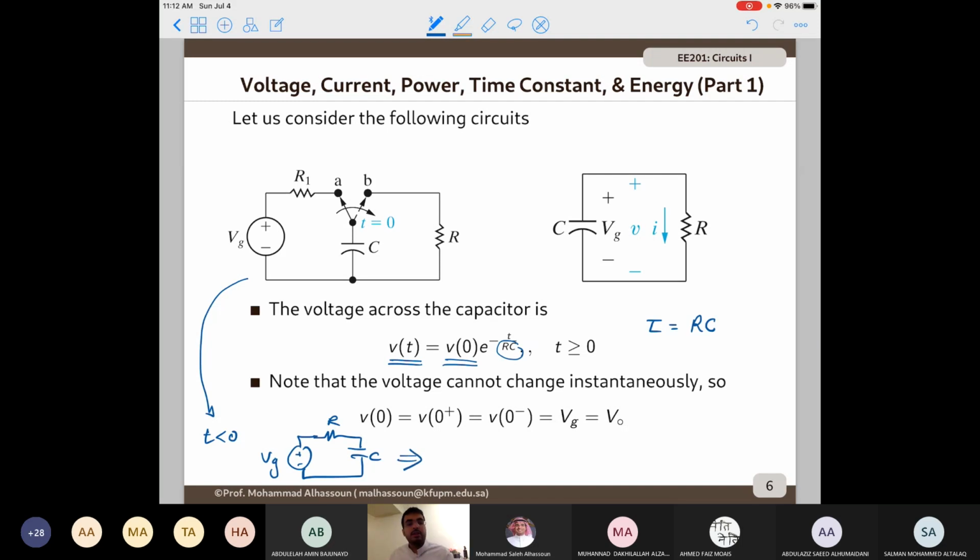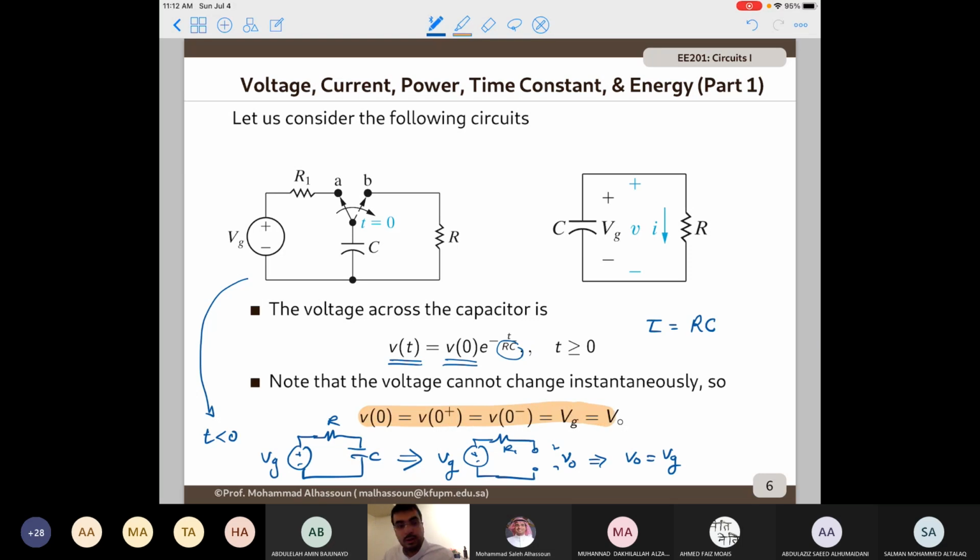Since the switch has been at position A for a very long time, we have a DC source, so the capacitor will look like an open circuit here. And the voltage here will be equal to the source voltage. So this is the initial value of the voltage.